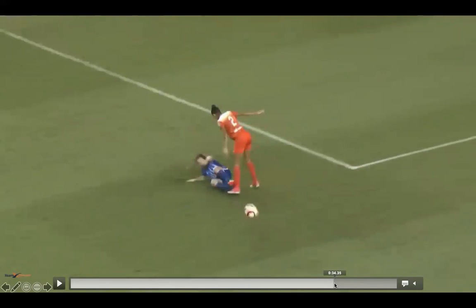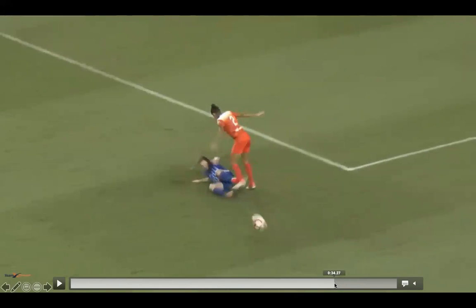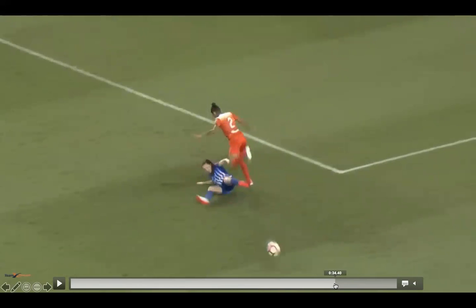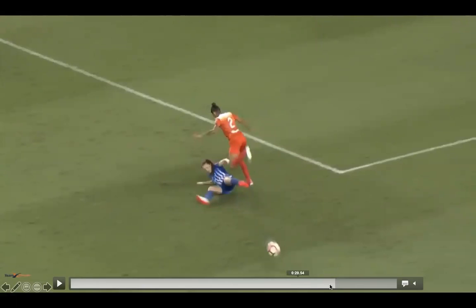But again, because she follows through with her leg out and puts it into the leg of the opponent, as evidenced by this freeze frame and that one and that one, these are things that we would consider to be unfair contact, and we would want to have a foul called here. This absolutely needs to be a foul and a yellow card for the nature of this challenge.